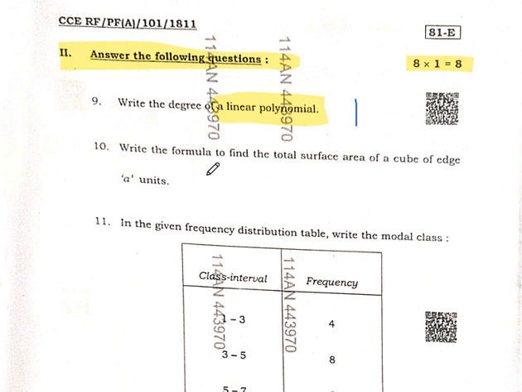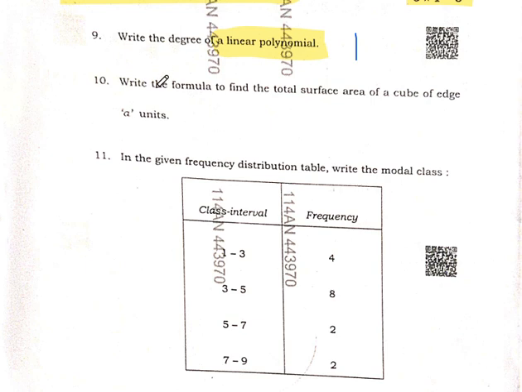Okay. So next one, the 10th one: write the formula to find the total surface area, TSA, of a cube of edge A units. It is a simple question. In a cube, totally 6 faces are there.